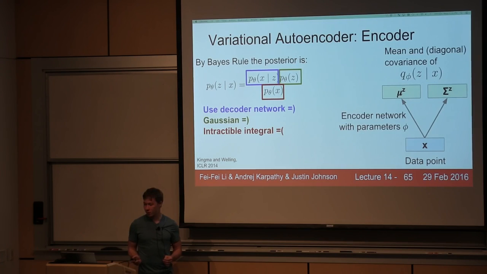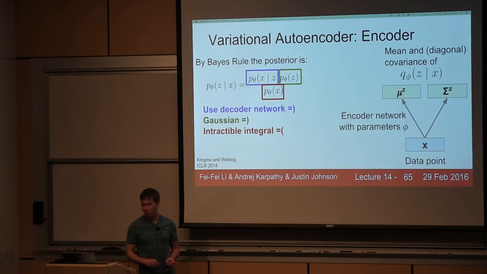Instead, we're going to introduce some encoder network that will try to directly perform this inference step for us. This encoder network is going to take in a data point, and it's going to spit out a distribution over the latent state space. Again, looking back at the original autoencoder from a few slides ago, this looks very much the same as the bottom half of a traditional autoencoder, where we're taking in data, and now instead of directly spitting out the latent state, we're going to spit out a mean and a covariance of the latent state.